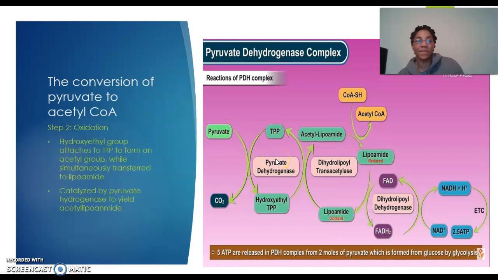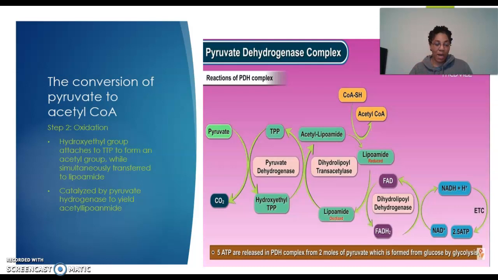Okay, so now you have the oxidation portion. The hydroxyethyl group, which is right here, attached to the TPP, is simultaneously transferred to lipoamide. When it is transferred to lipoamide, that results in the formation of an energy-rich thioester bond. Additionally, the disulfide group of the lipoamide is reduced to a disulfhydryl form.